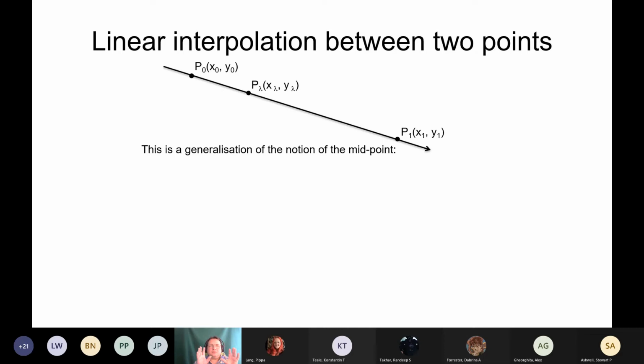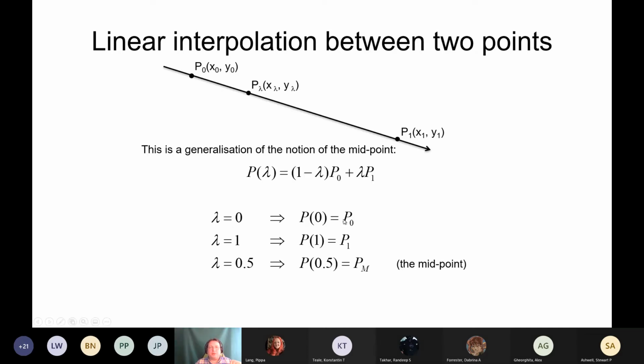For the midpoint, the lambda value is equal to 0.5 to reflect that this point lies exactly halfway through. So if lambda is equal to 0, then the linear interpolation value is here at P0. For 1, it would be P1. And for 0.5, it would be somewhere here at the midpoint that we have just done.